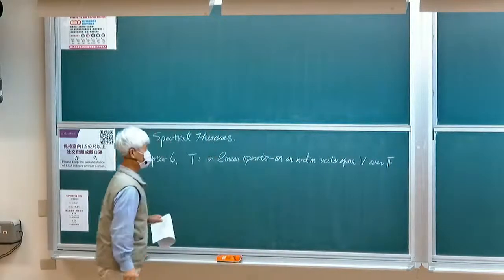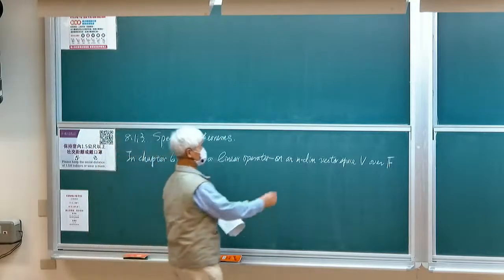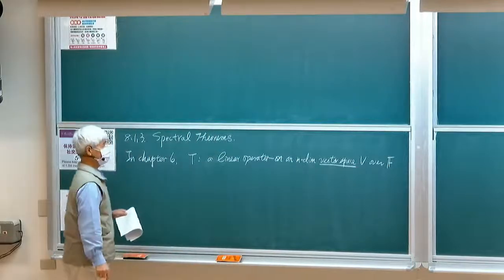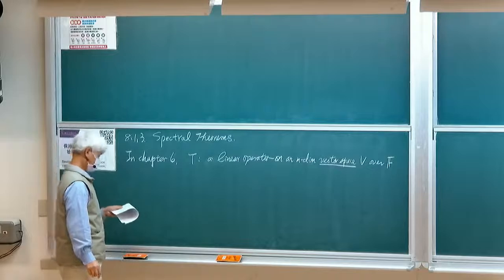So suppose T is a linear operator on an n-dimensional vector space over a scalar field, either real numbers or complex numbers.